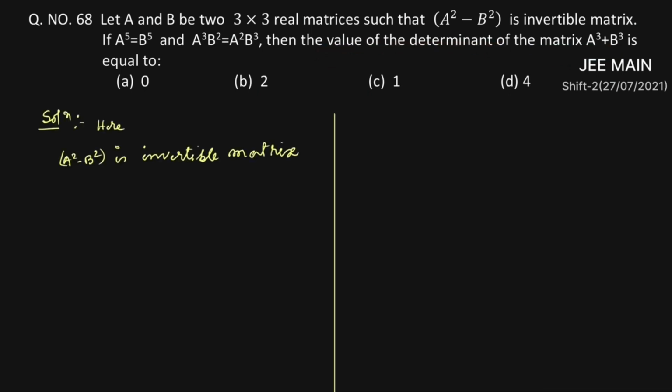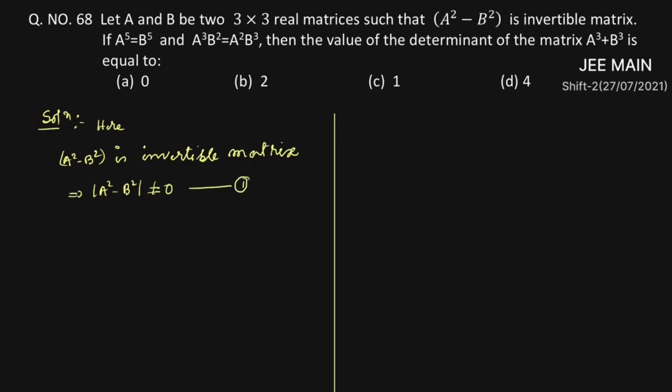So here it's given that A square minus B square is an invertible matrix. Therefore, the inverse of A square minus B square is possible. Therefore, A square minus B square is a non-singular matrix. So we are able to write determinant of A square minus B square is not equal to 0, and we take this to be equation number 1.